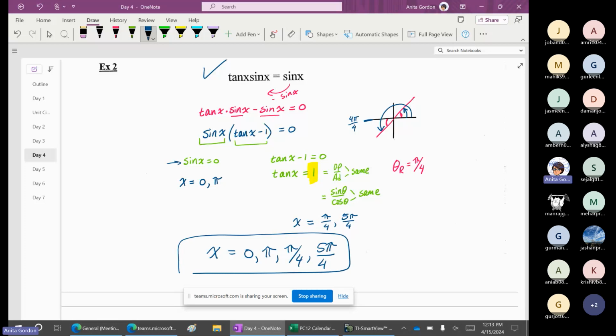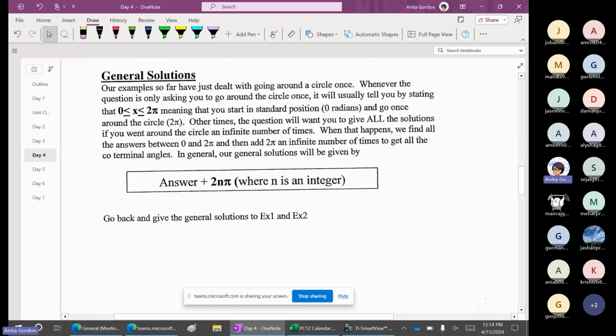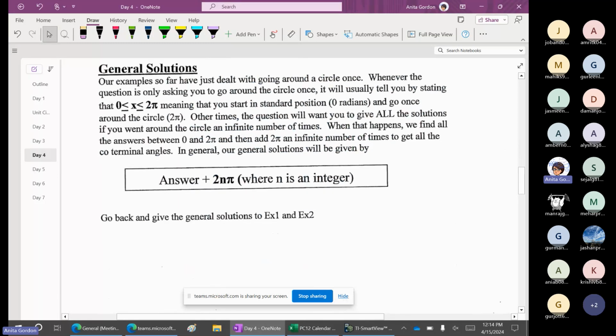All right, so we're always going to be using reference angle, the unit circle, things we know that are true, right? Tangent is sine over cosine. If that's not helpful, tangent is opposite over adjacent. Take a look at your triangles. And then we use the idea of coterminal angles to find the general solution.